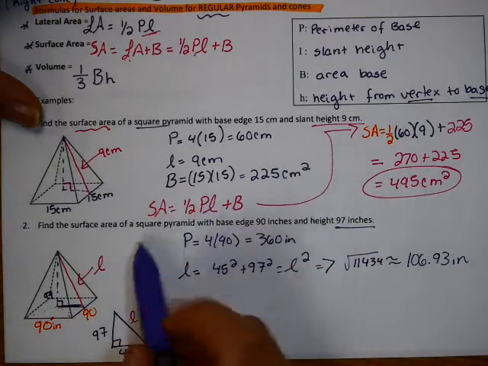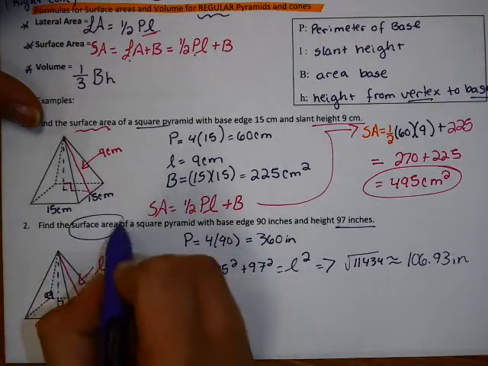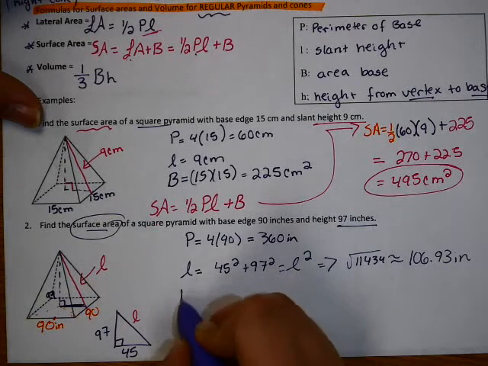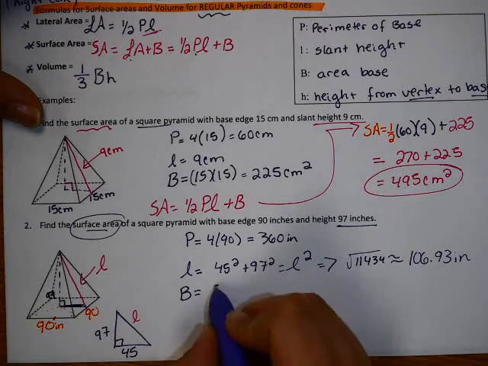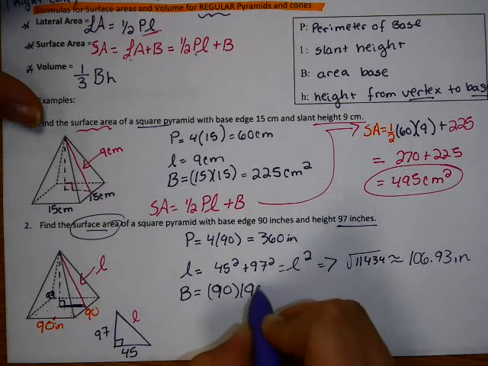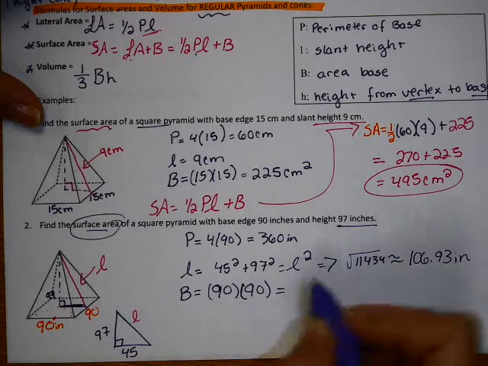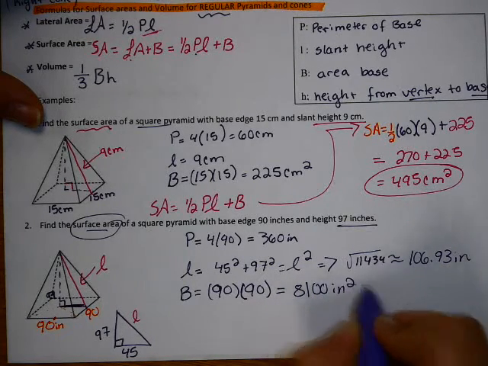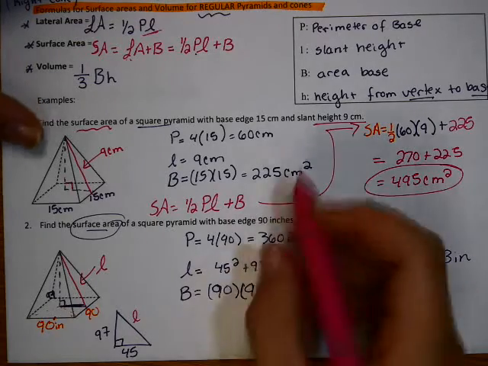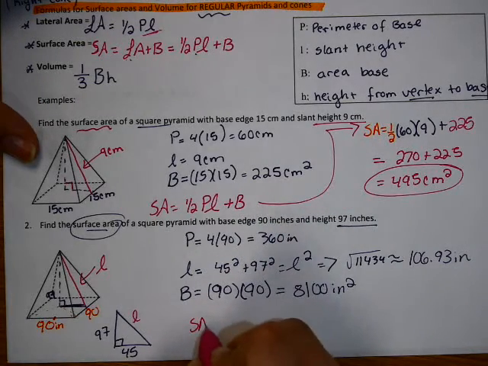All right, and then the other thing, because it's asking for the surface area, we need the area of the base, which is 90 times 90, so 8,100 inches squared. All right, surface area.